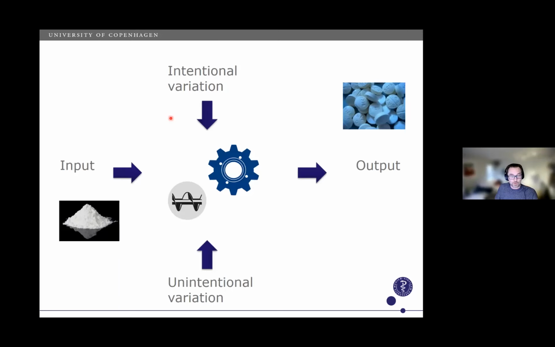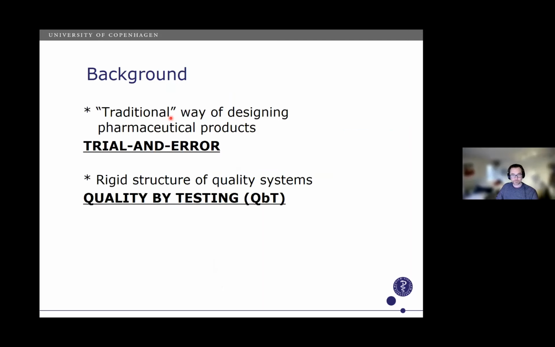But then there's also something that you don't know, so there's unintentional variation. The idea of quality by design is that you get an overview of all these sources of variation and how they affect the quality of your product. This you can do by doing careful risk analysis and designing experiments.